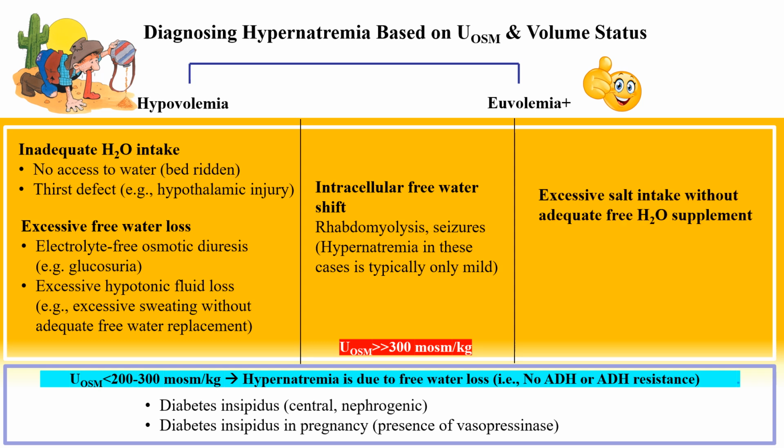Excessive sodium relative to water intake may also lead to hypernatremia. Examples include nasogastric tube feeding without adequate water supplement, or the infusion of fluids with higher sodium content relative to hypotonic bodily fluid loss.